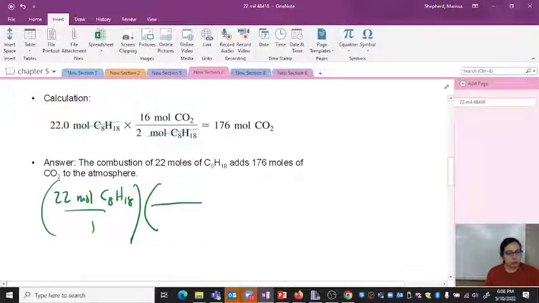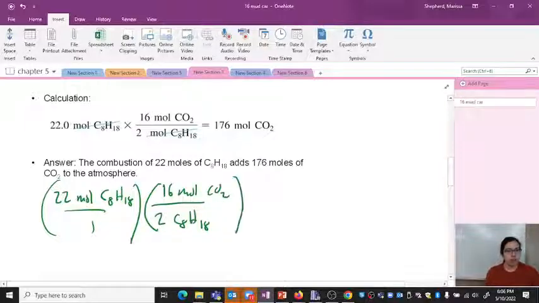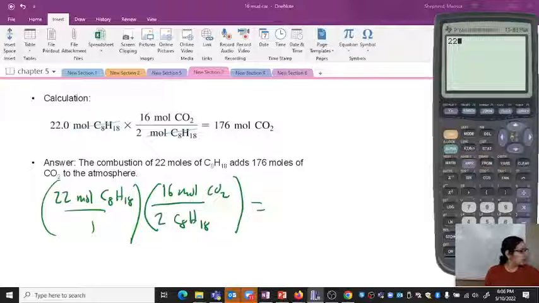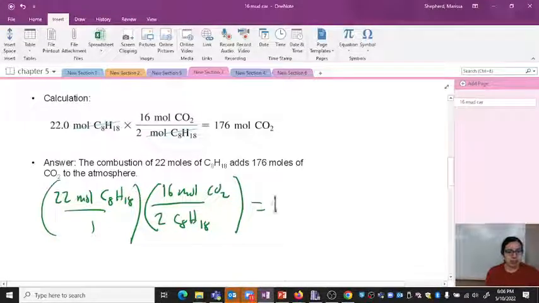I'll put moles of octane on the bottom since I want that to cancel out, and 16 moles of CO2 on top since that's what we're interested in. Plugging it in, 22 times 16 divided by 2 gives us 176 moles. I see the chat also got that.